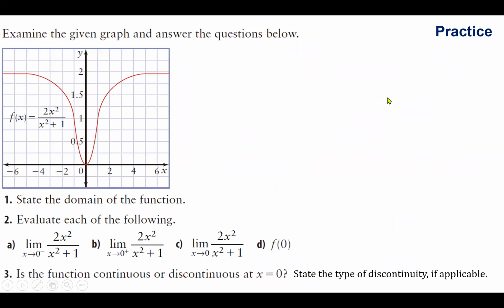Okay, then let's have a look at another practice. This is the last question of this lesson. Okay, I'll give you 5 minutes to have a look at this question here.